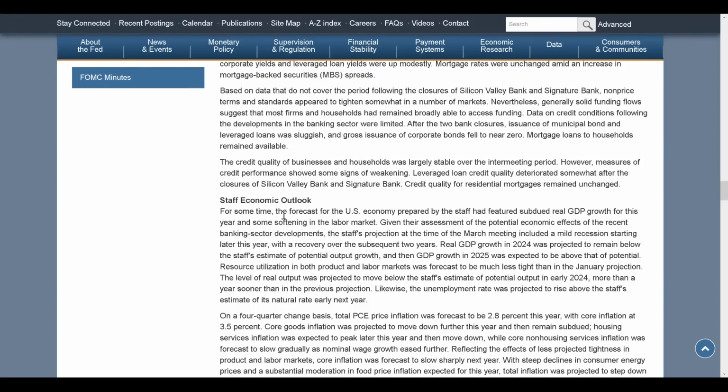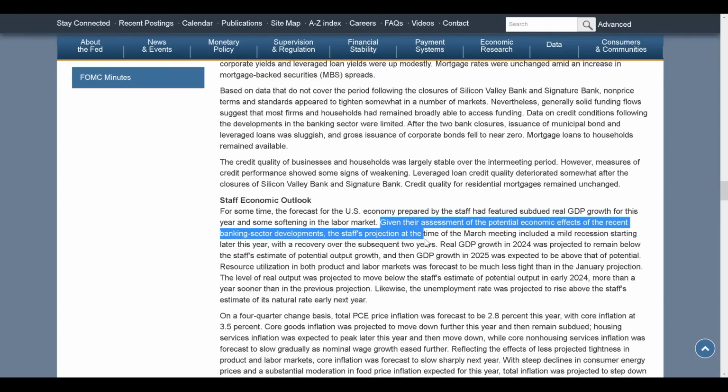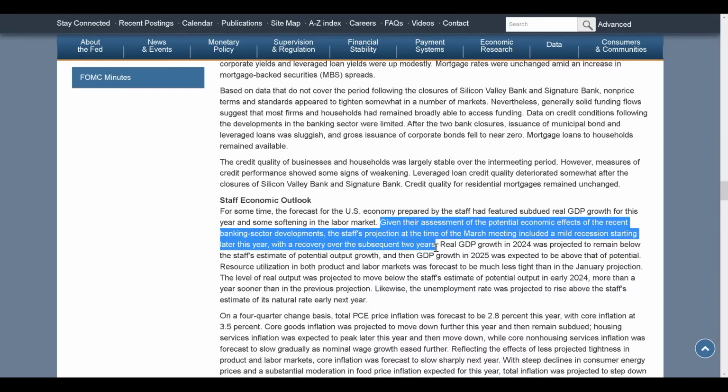It says that given their assessment of the potential economic effects of the recent banking sector developments, the staff's projection at the time of the March meeting included a mild recession starting later this year with a recovery over the subsequent 2 years. Clear?